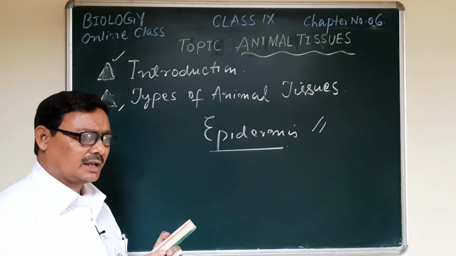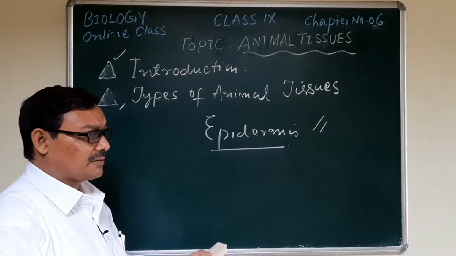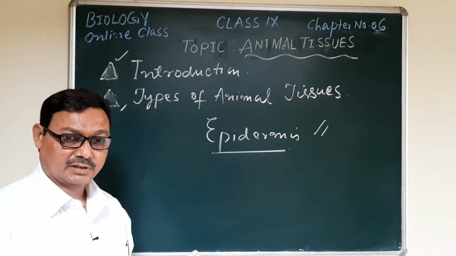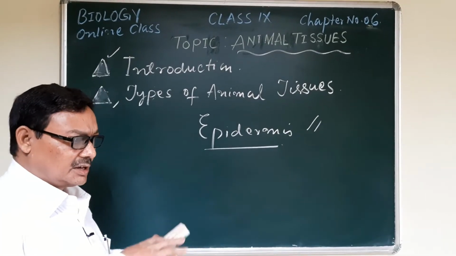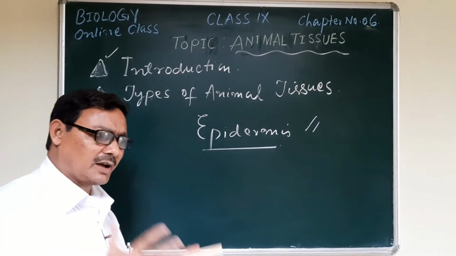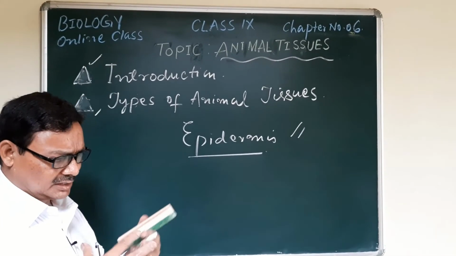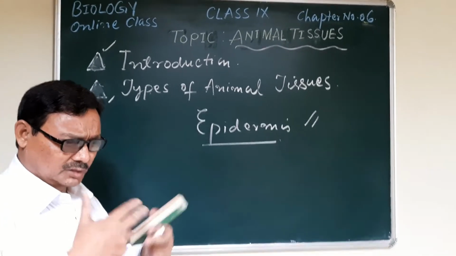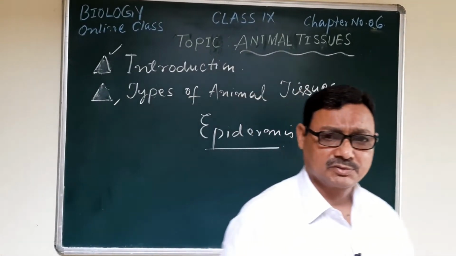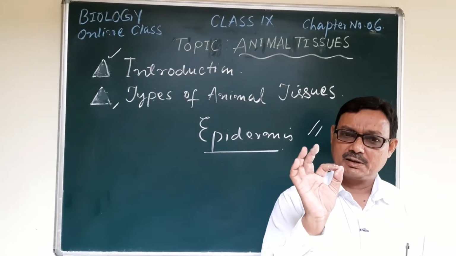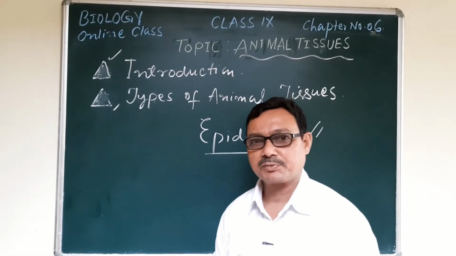The bone and cartilage make our framework of the body, the endoskeleton. This endoskeleton also requires some other supportive tissue, like when two bones are joined together, at that time there is a requirement of a tissue like the ligament.